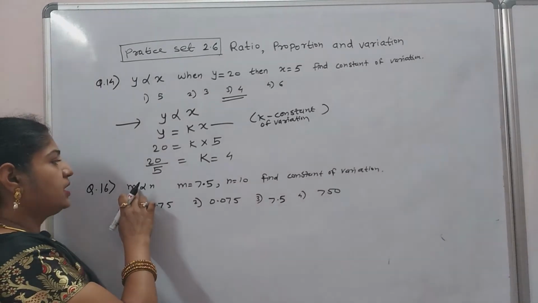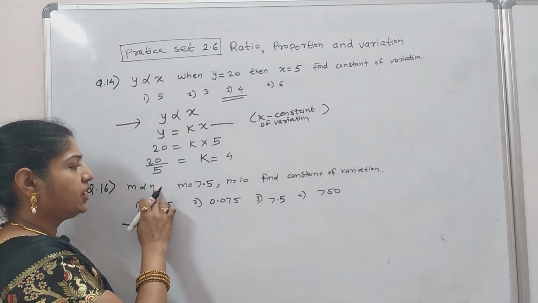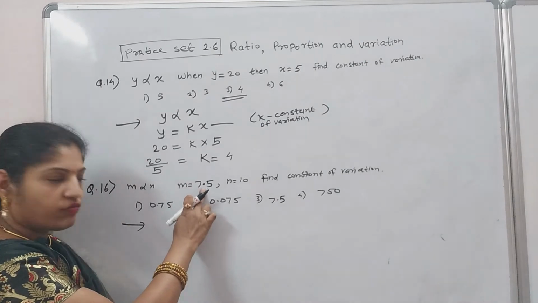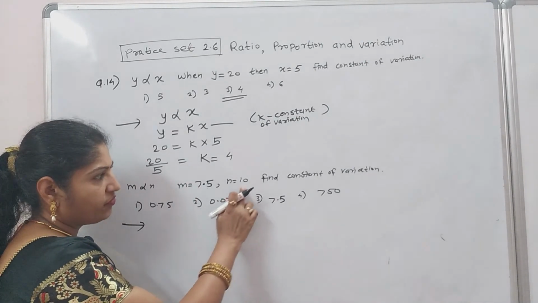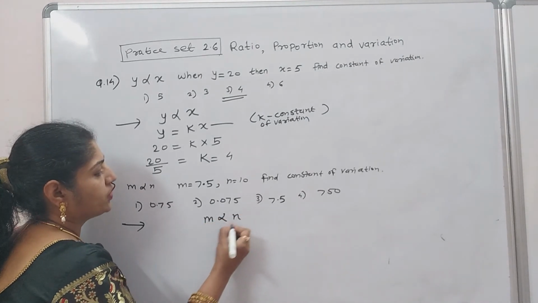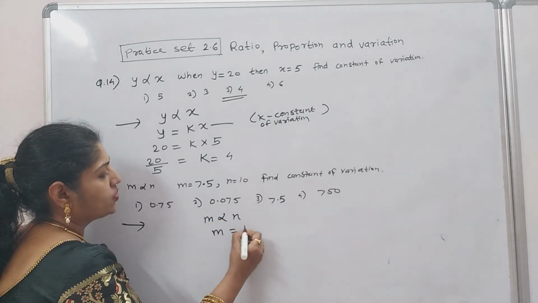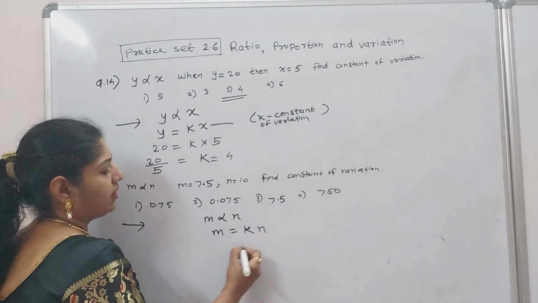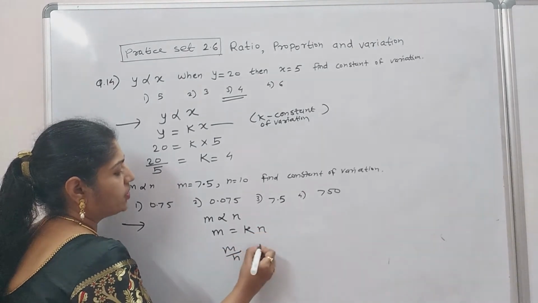Next example, m is directly proportional to n. m equals 7.5, n equals 10. Then find the constant of variation. m equals k into n, so m divided by n equals k.